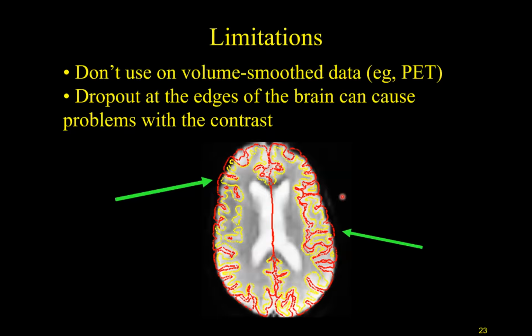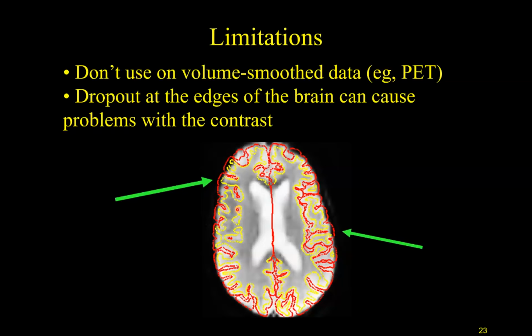In addition, you can get dropout along the edge of the brain. As was described yesterday and today, at the edge of the brain, you have all of these veins, and those veins have a lot of deoxy in them. And so you end up getting a lot of dropout right at the edge of the brain.